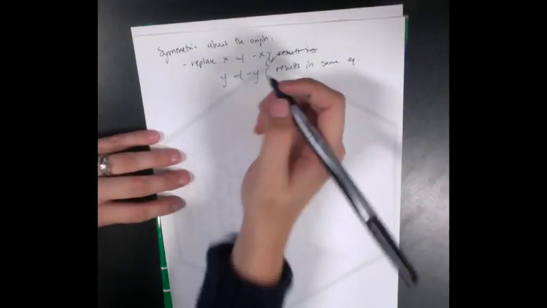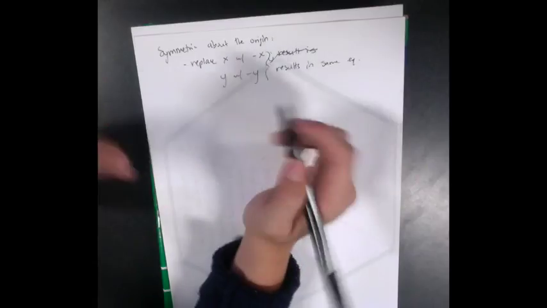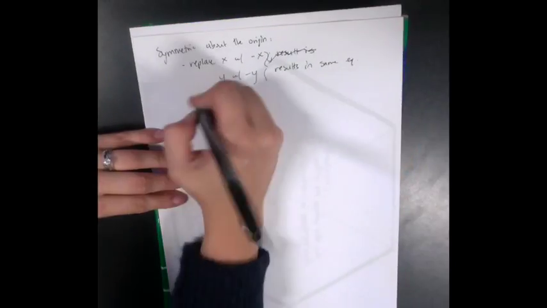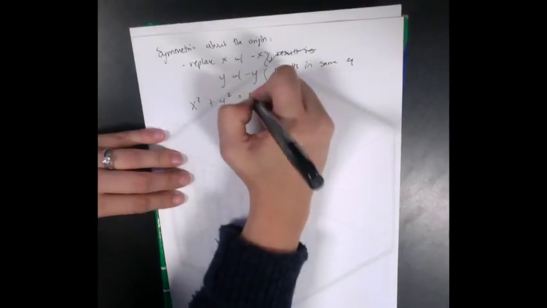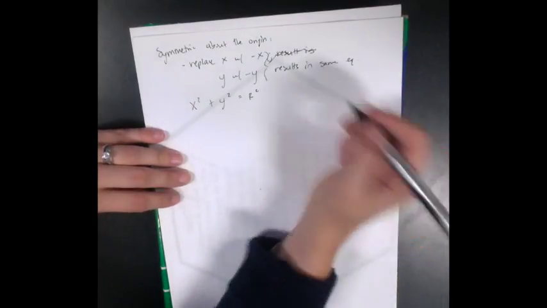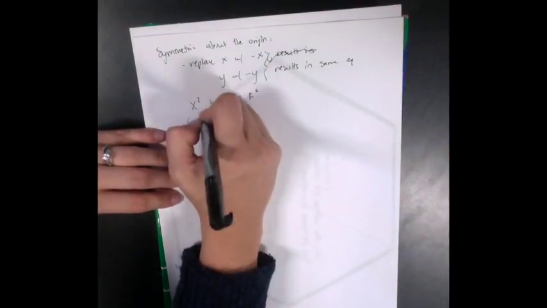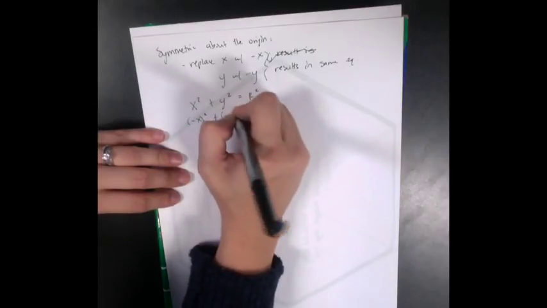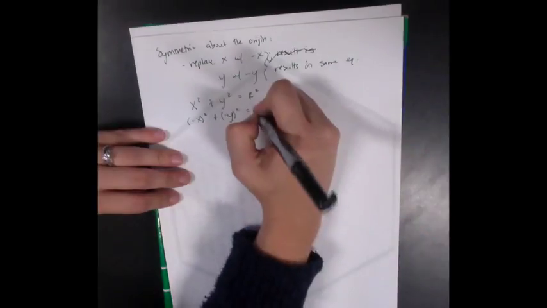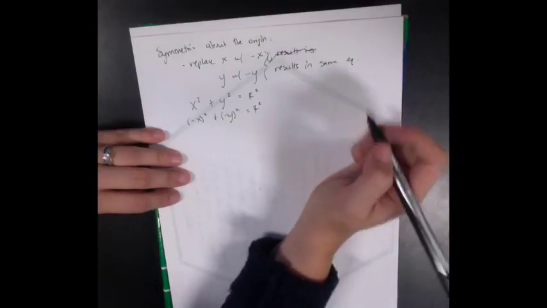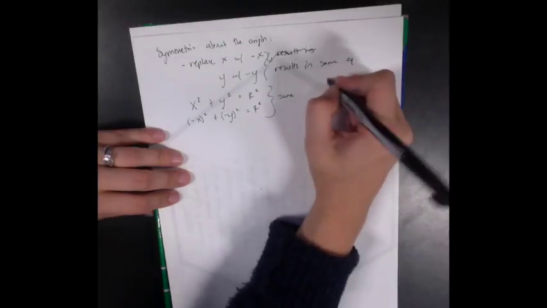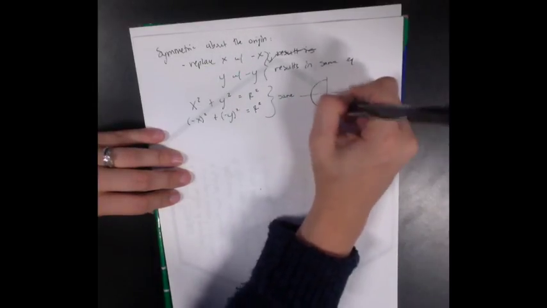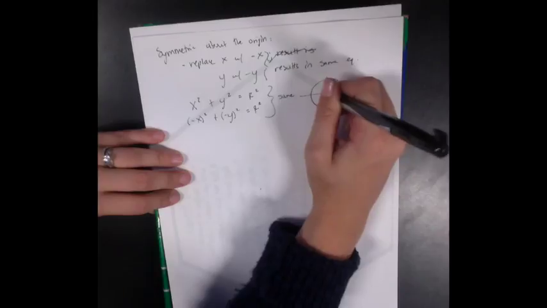This would be an example of a circle. A circle, we have x squared plus y squared equals r squared, r being some constant. And if we were to replace x and y with negatives, it would still give us the same graph, which would just be a circle like this.